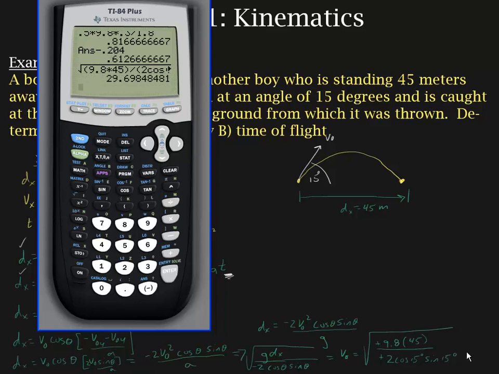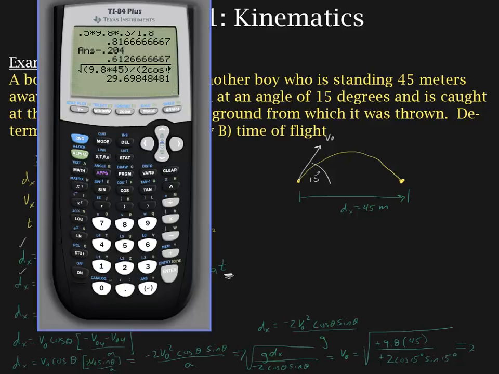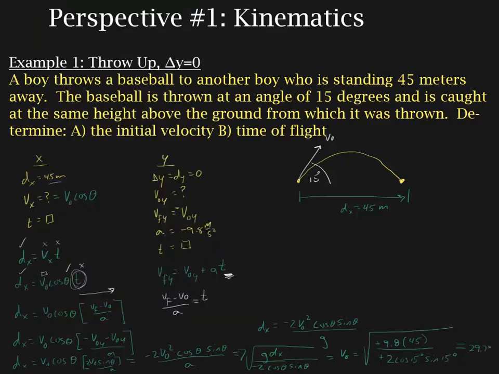And the initial velocity is 29.7 meters per second. So that's a really fast ball. That's like a 100-mile-an-hour fastball. So I'd say these aren't boys throwing that ball.